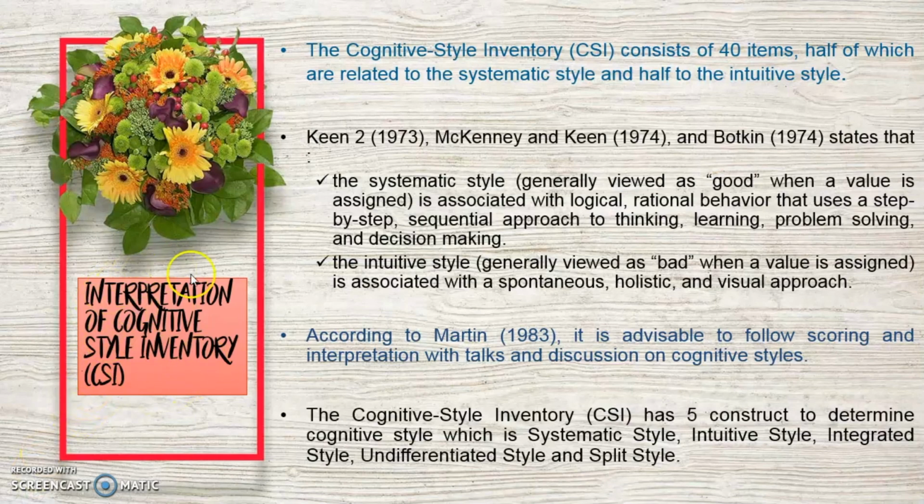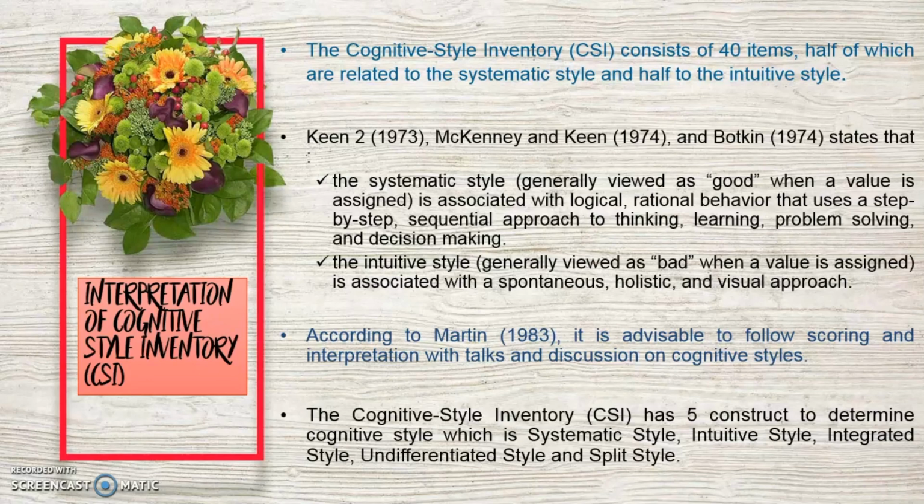Next, I will explain the interpretation of the cognitive style inventory, CSI. The CSI consists of 40 items, half of which are related to systematic style and half to intuitive style, as Hazwani told earlier. According to Keane 1973, McKenney and Keen 1974, and Botkin 1974, the systematic style is generally viewed as good when a value is assigned, while the intuitive style is generally viewed as bad.